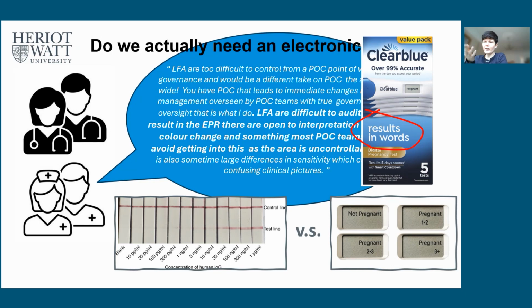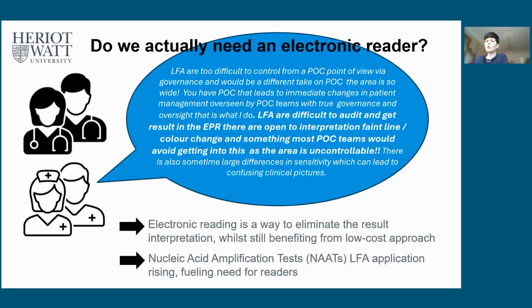In this case, it's also giving you more of a quantitative value and tells you the number of weeks you're pregnant. Similarly, you might want quantitation for an HIV test or another type of test. So electronic reading is a way to eliminate the result interpretation while still benefiting from the low-cost approach.